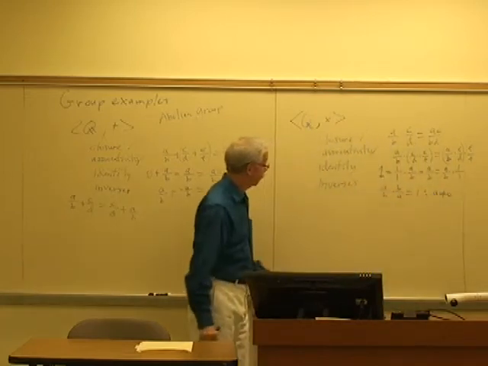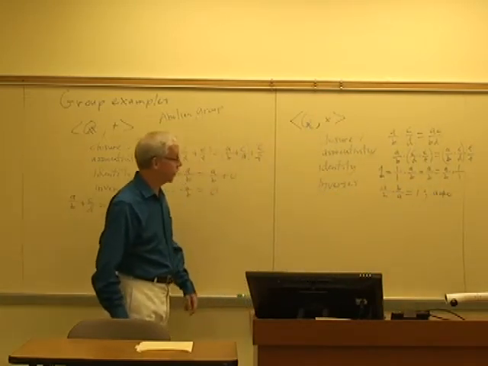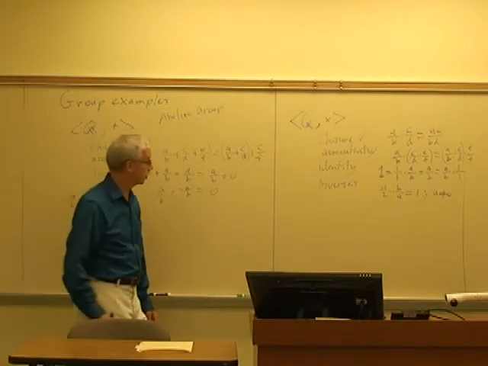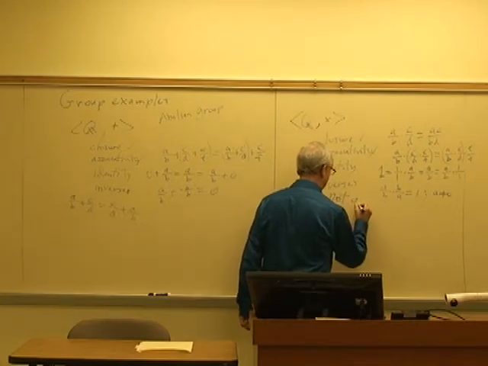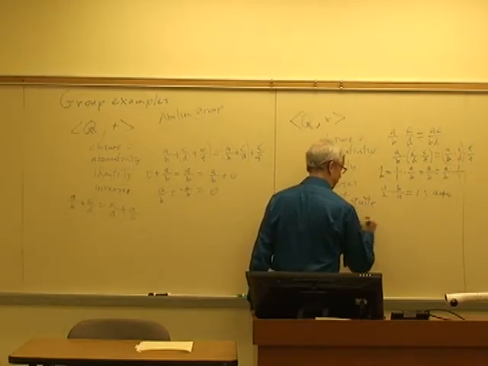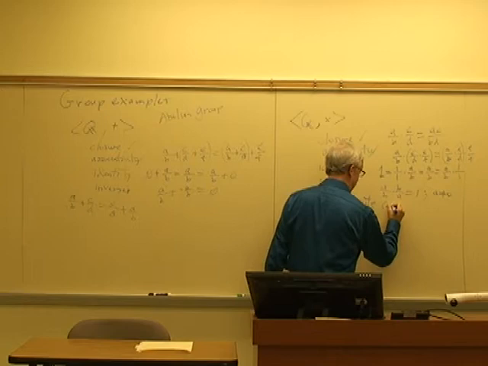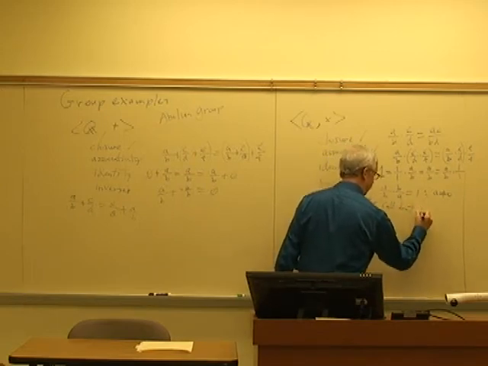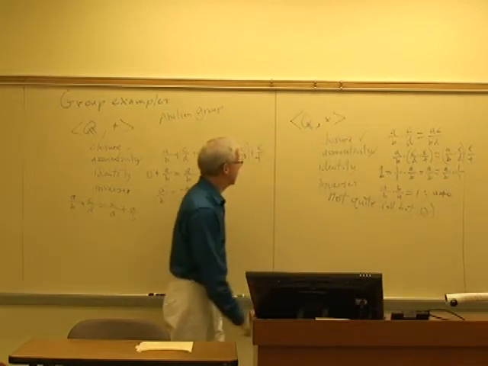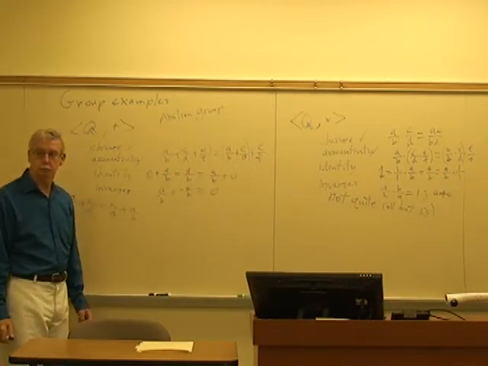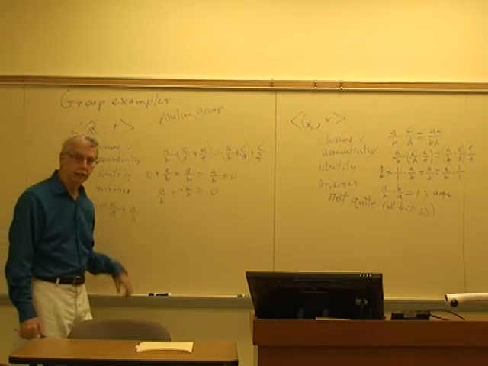But if a fraction has the numerator as 0, what is that fraction? So the answer is not quite. All but 0. So it has to be everybody, so this is not a group, because 0 has no inverse.